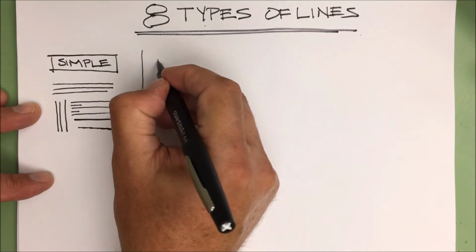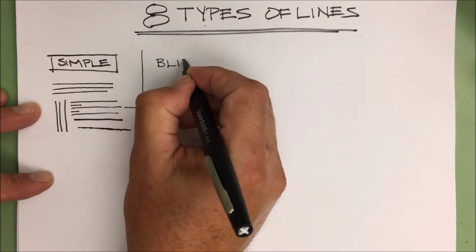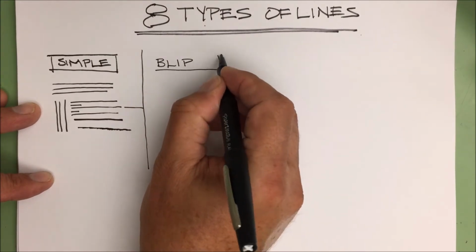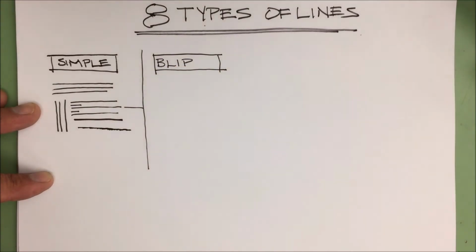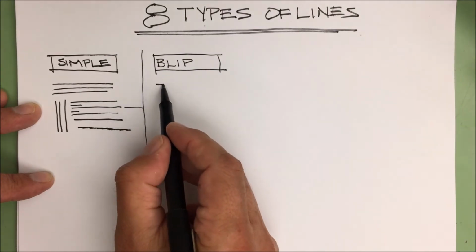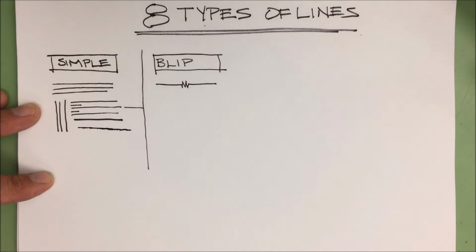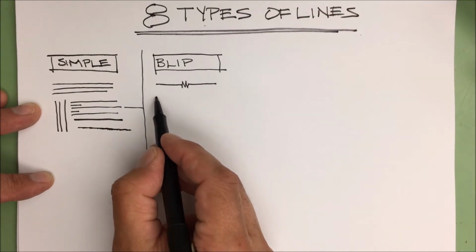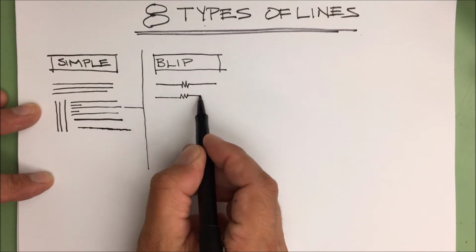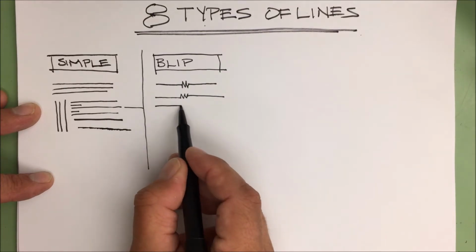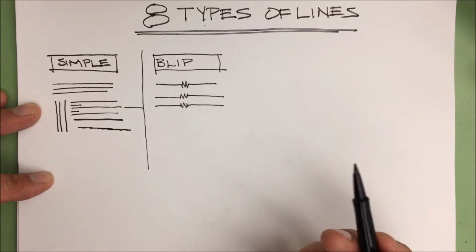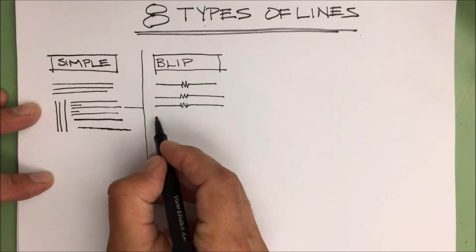The second type is called a blip. And the blip is basically a line with a little interrupter in it. And so straight line, zigzag, straight line, zigzag, straight line. Kind of like a heart EKG you might see at the hospital when they're measuring your heartbeat.